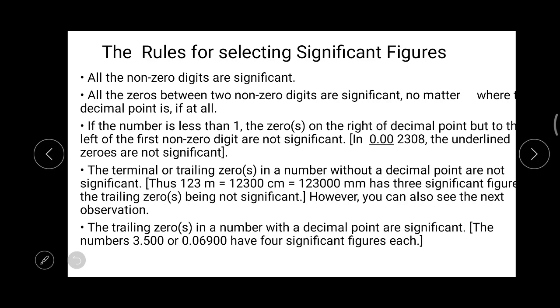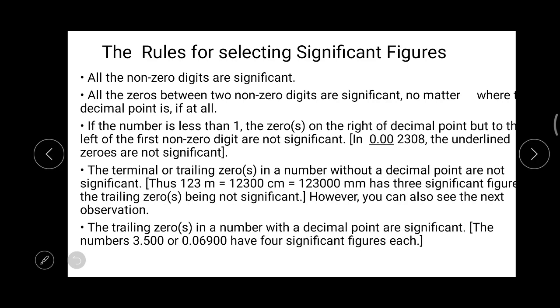There are two zeros, and if we consider those zeros also, then you can see that there are 5 significant figures, but it should have 3 significant figures only, that is 1, 2, 3. So the trailing zeros are non-significant. The trailing zeros are non-significant.